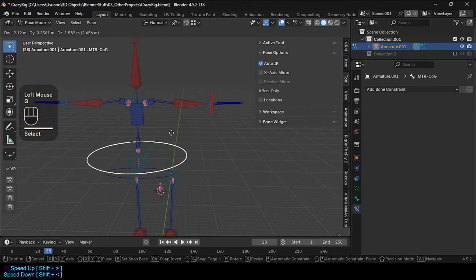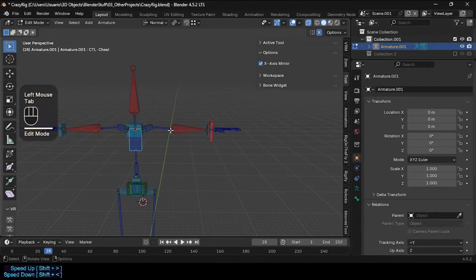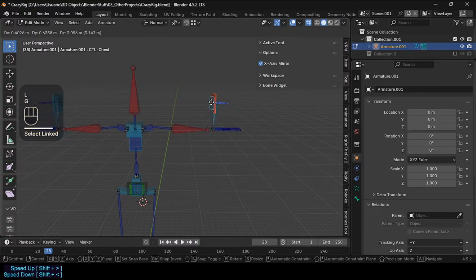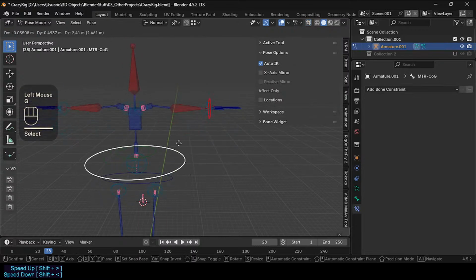It's very crazy. Here I have pieces of disconnected bones, like this piece, like the entire hand is one piece, and this is very weird.